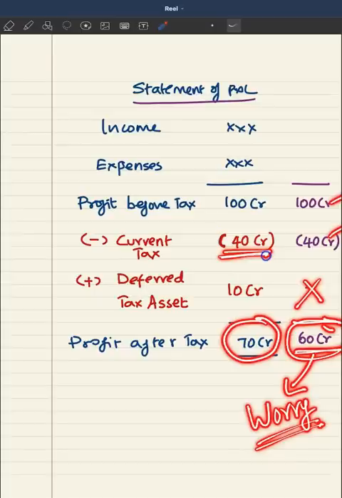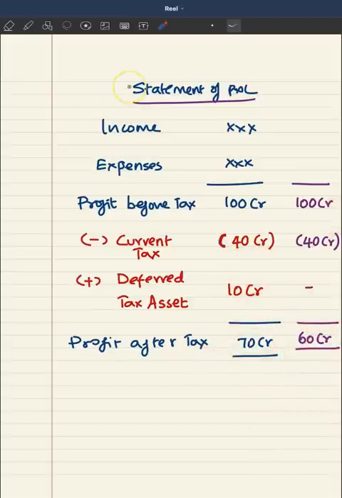It is not a non-adjustable item. So that should be brought to the notice of the readers, and this 10 crore adjustment does that. So here profit is not reported at 60 crore, it is reported at 70 crore. So in this way, deferred tax treatments are helping the readers of the financial statements and analysts to have a clear profitability picture of an entity.